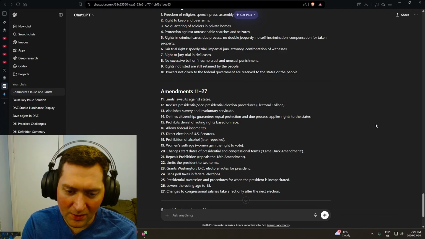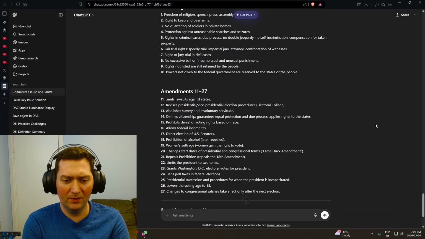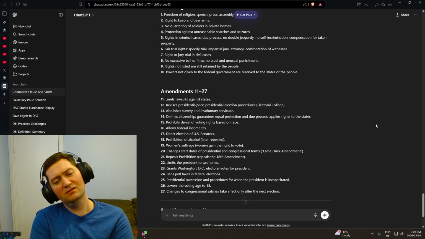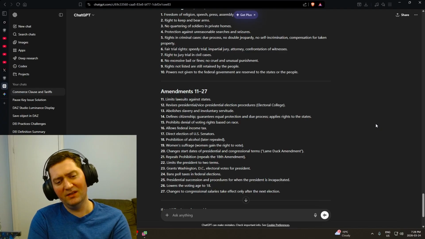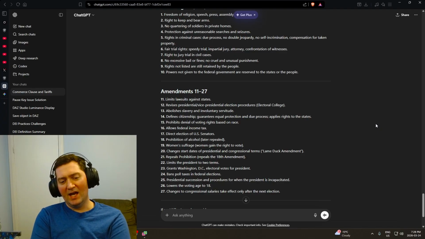23 grants Washington, D.C. electoral votes for president. 24 bans poll taxes in federal election. Is that a thing? Like, you had to pay a tax to vote? I mean, that's an interesting concept.